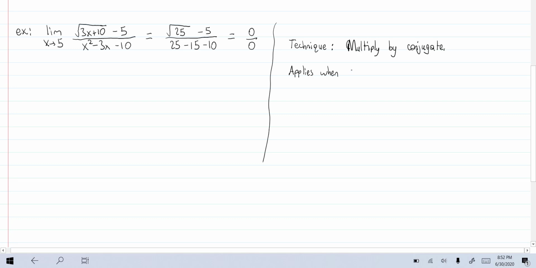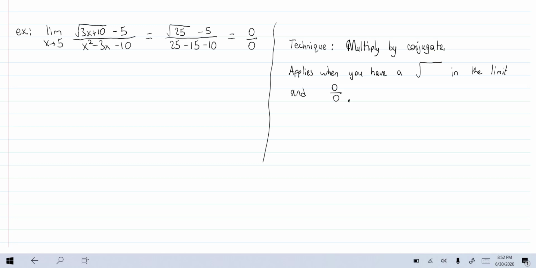It applies when you have a square root in the limit, and it's giving you a 0 over 0 indeterminate form. Now, what do I mean when I say multiply by the conjugate? Okay.